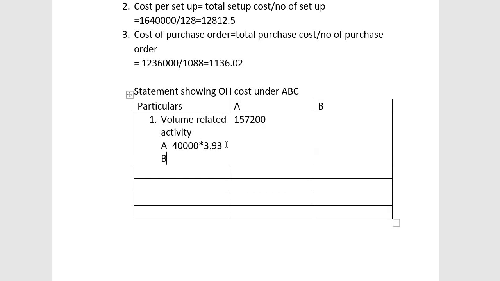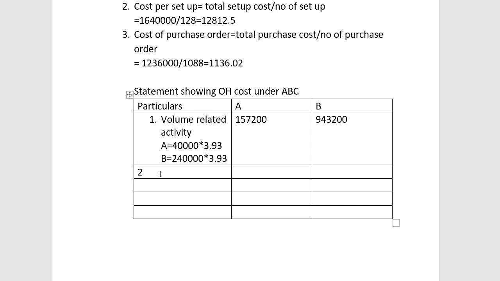Next, for B, in the same way, 2,40,000 multiplied by 3.93. Therefore, the cost is 9,43,200.